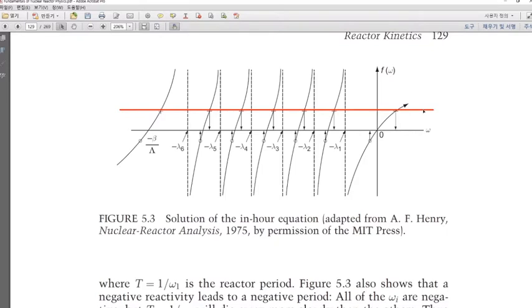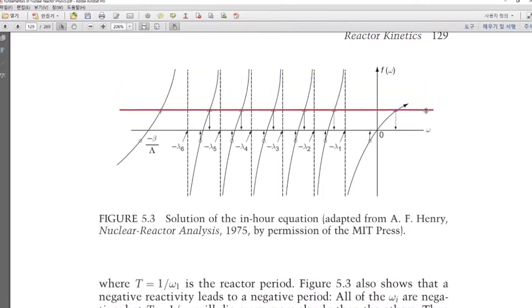That means if we increase the reactivity, the omega 1 will gradually increase, and the reactor period will gradually decrease.